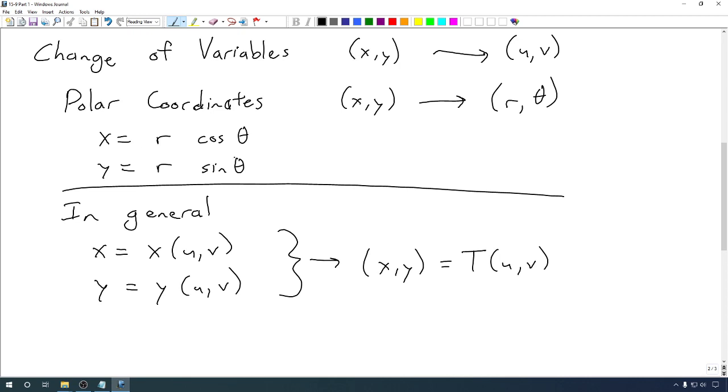And yet we still want to call this a transformation. Mostly what that will mean for us is that we are not going to worry about it when it comes to the boundary of our regions that we'll be integrating over, and generally that will be enough to get past that problem. In fact, it'll be mentioned in the theorem that we get to eventually that we assume that it's one-to-one except maybe on the boundary.